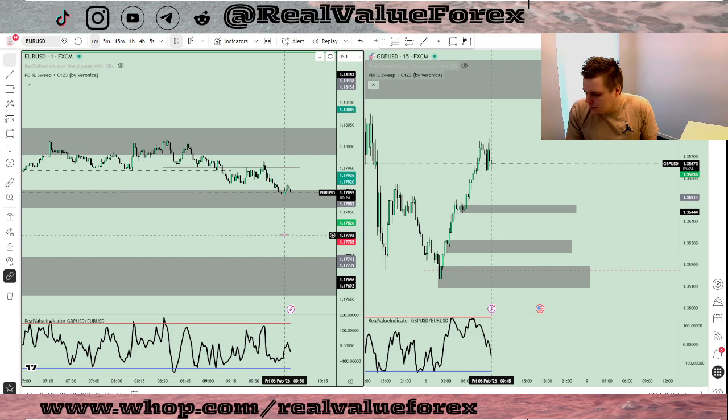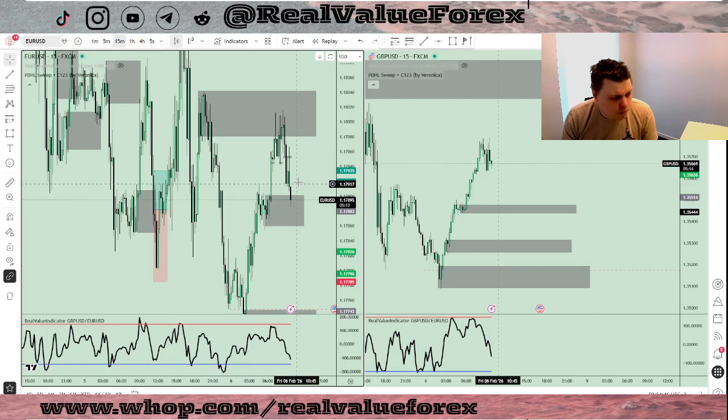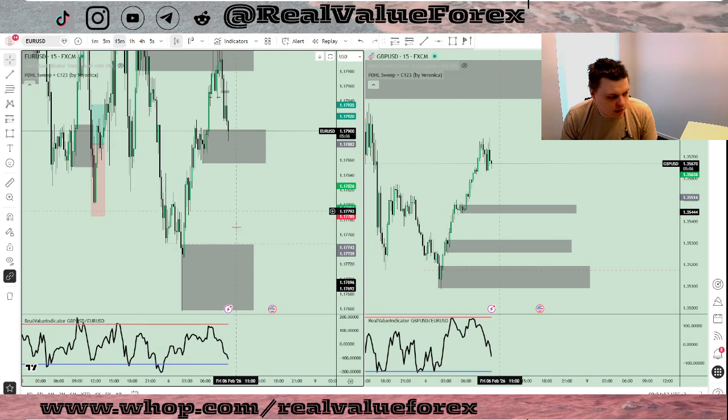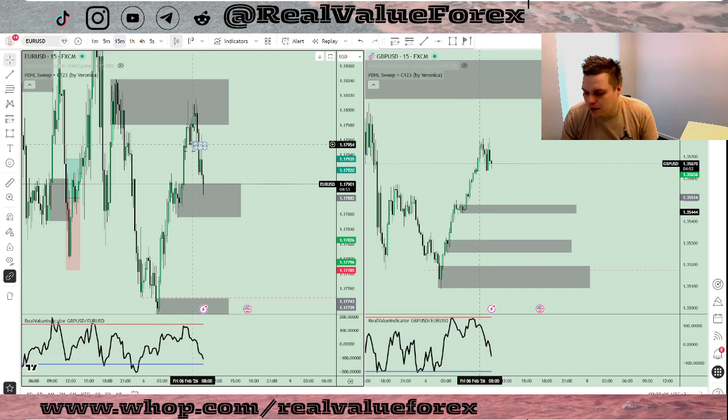Now let me check this question. Yes, the question was about the order block. It would still be valid, yes, if we are still within this order block. If you break this order block, then I would like to see a buy signal from here. So it is still valid, but like I said from the beginning, it won't be A+ anymore because our target was kind of hit.